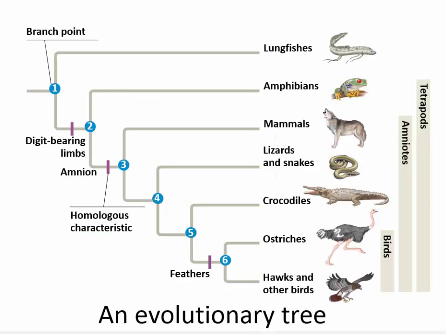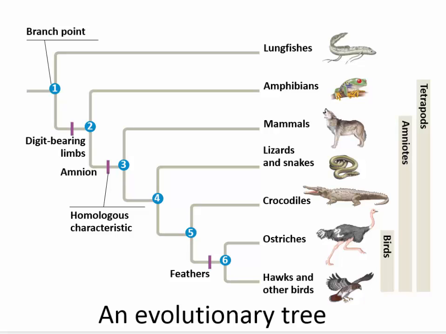If we look at this evolutionary tree, at every branch point we can mark off another characteristic. So branch point number 1, digit-bearing limbs. Number 2, there's an amnion. Number 3, and so on, you'll keep going, feathers for birds.